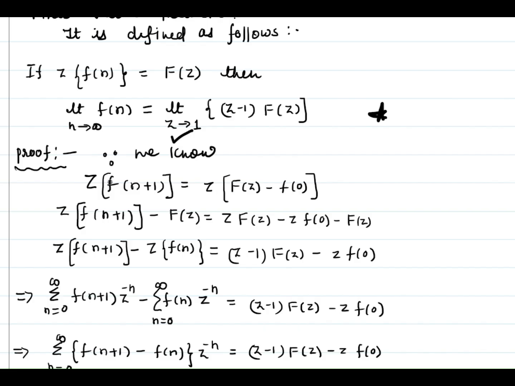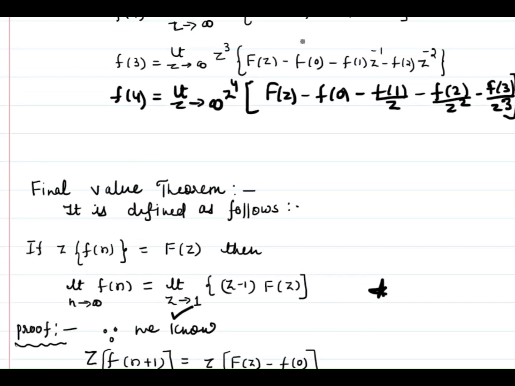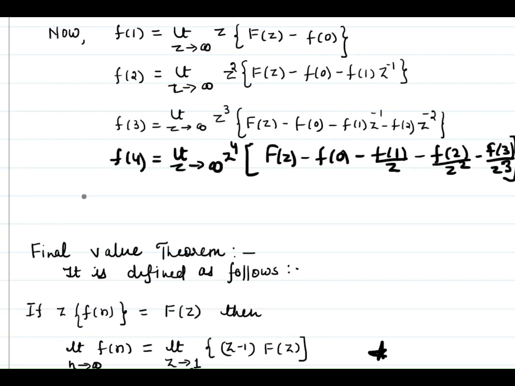So we know that Z{f(n+1)}, in the previous result we have seen what is f(n+1). We can write the same here. If we are writing Z{f(n+1)}, we can write it in the similar way, like limit z tends to infinity.